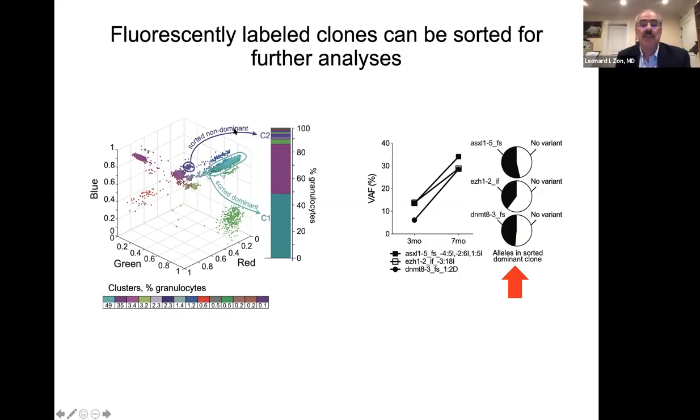And then you can also sort a non-dominant clone, and you can tell what the populations are based on their mutations. What we see is that when we've targeted particular types of genes, from 3 months to 7 months, there ends up being a clonal expansion. And again, we think that this faithfully reproduces what is a human clonal expansion. And this 7-month animal would be getting towards the aged population.